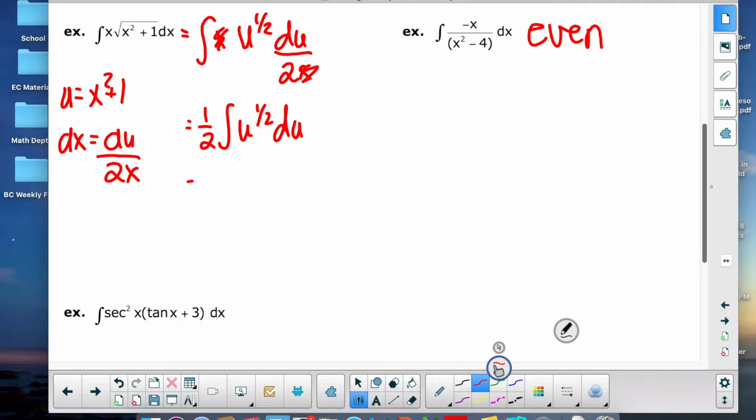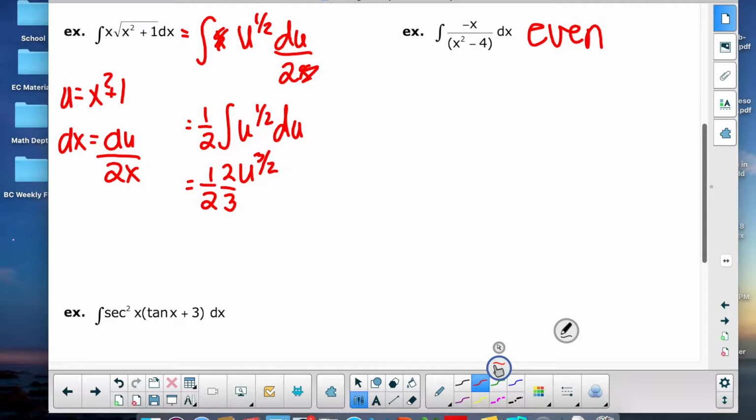The goal is to get into a form where I have an easy rule. So for u, when I add 1, because that's what I'm doing during integration, to 1/2, I get 3/2. And I'm going to divide by 3/2, correct? But dividing by a fraction is the same thing as multiplying by the reciprocal.